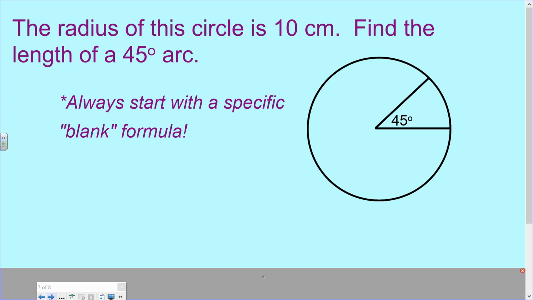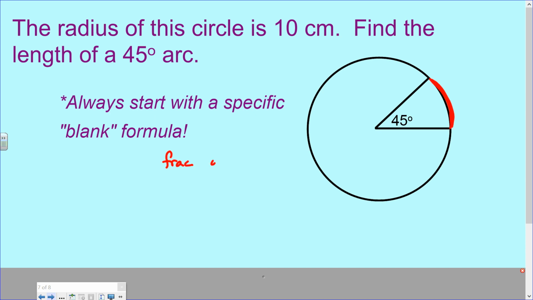So we want to get the arc length. And when you're doing these geometry problems, you always start with a specific blank formula, a formula for that shape. So arc length, remember, is part of the circumference. So I need a fraction.